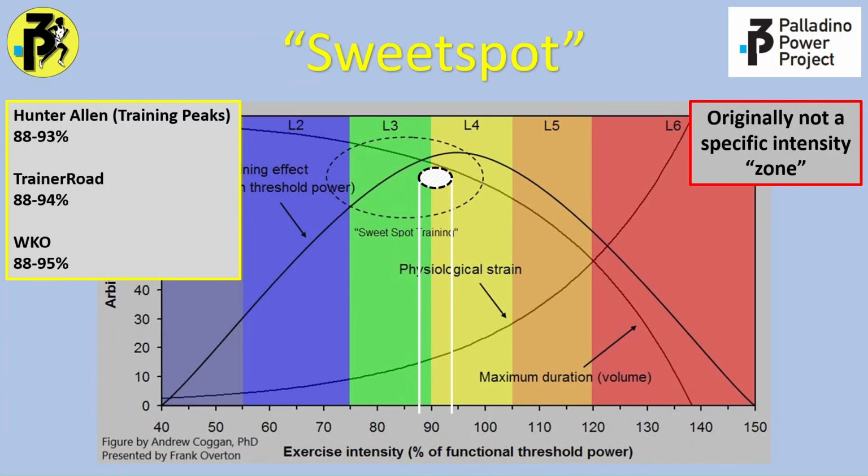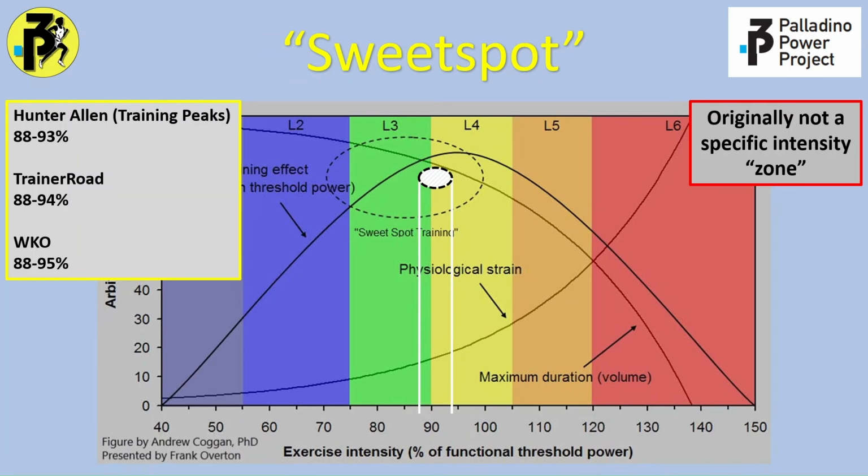And it narrows down a little bit more. Hunter Allen recently published a similar diagram without the big dashed oval, and described sweet spot as 88 to 93%. TrainerRoad is 88 to 94%. WKO is 88 to 95%. So 88 as the bottom, and somewhere in here between 93 and 95% for these platforms.